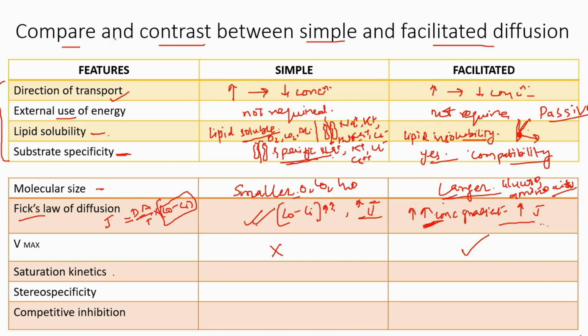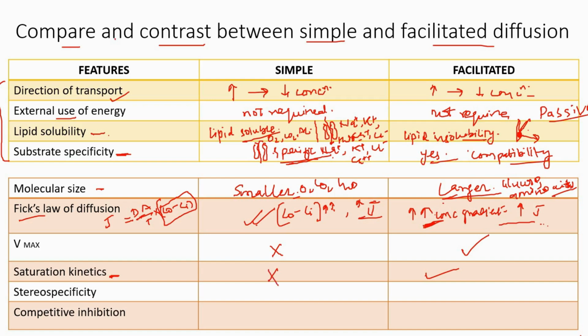Saturation kinetics is the phenomenon that we discussed already, that when all the binding sites, all the carrier molecules are saturated by their substrate molecules, there is no more binding site available for new molecules. So a saturation point comes in case of facilitated diffusion and there is no saturation point in case of simple diffusion.